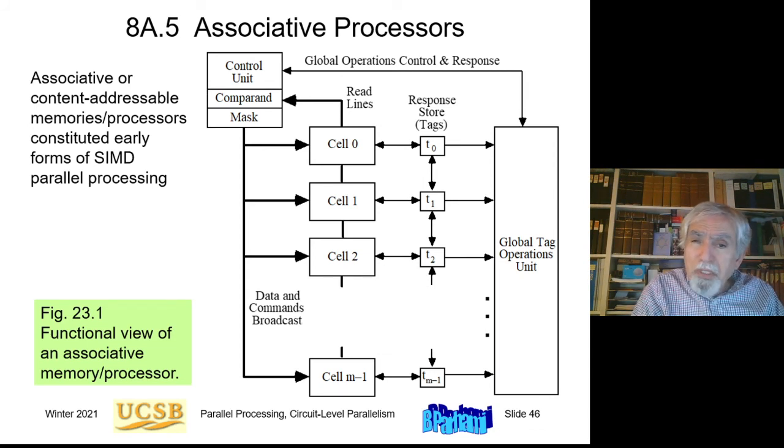Or, if a few cells match in a numerical field, in parallel you can say increment that numerical field by providing arithmetic capabilities within these cells. So it's a combination of associative memories and parallel processing in terms of arithmetic and logic operations.